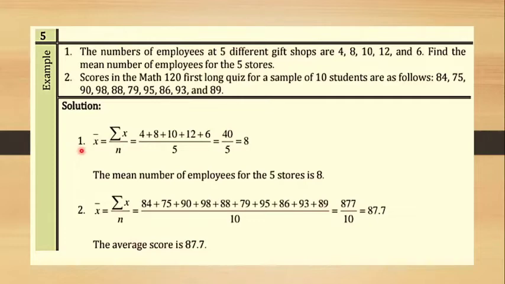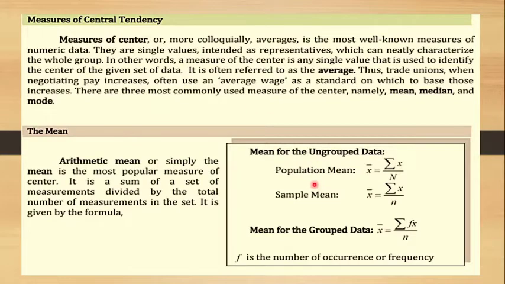So, yung gamitin natin is kasi 4, 8, 10, 12, 6 is an example of an ungrouped data. Pag sinabing group, 4 to 8, 8 to 10, 10 to 12, yan yung group. So, yung gagamitin natin is formula for the ungrouped data. No?